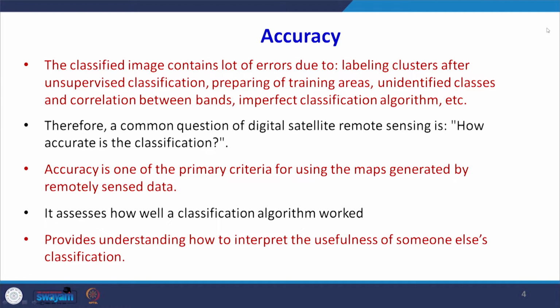So, there could be several reasons for which error could be present in the data sets. There is a common question in the mind of the user: how accurate is the classification? Whether I should get 100% classification and then proceed with the results, or whether I can accept some level of inaccuracy also.